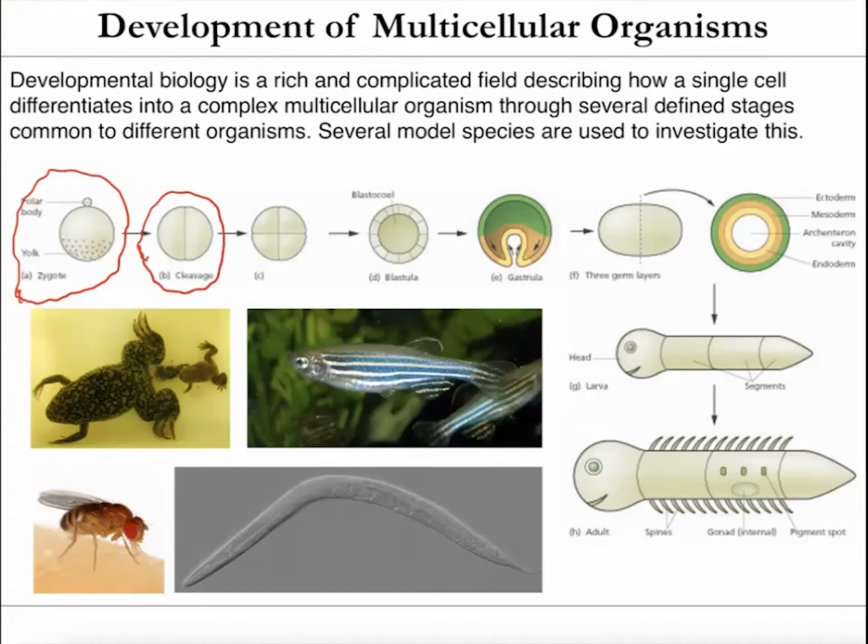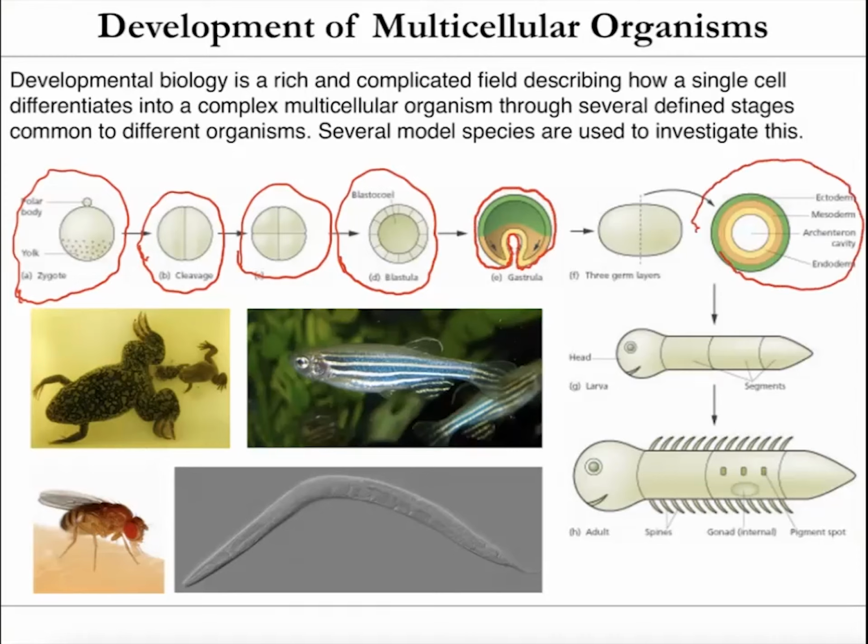You have these very specific events, so cleavage, and then that goes into two cells, then to four cells, and then you can form what is a blastocyst, basically. And so that's a more specialized group of these cells. And then you get these invaginations called a gastrula. And that's the beginning of the formation of these multicellular organisms that all have these three germ layers, which we'll talk about in a bit.